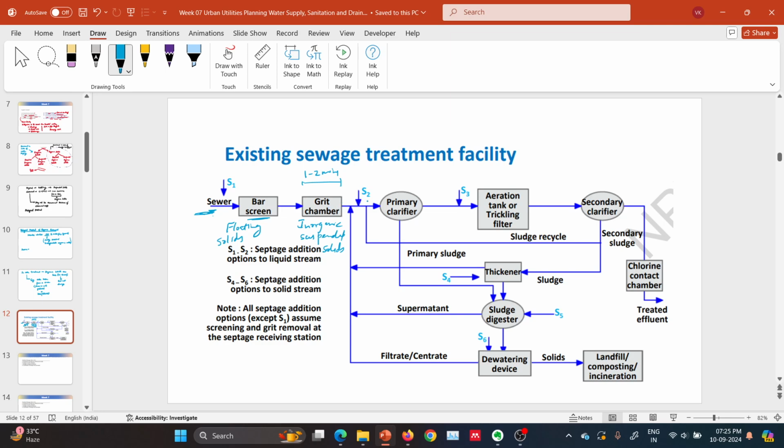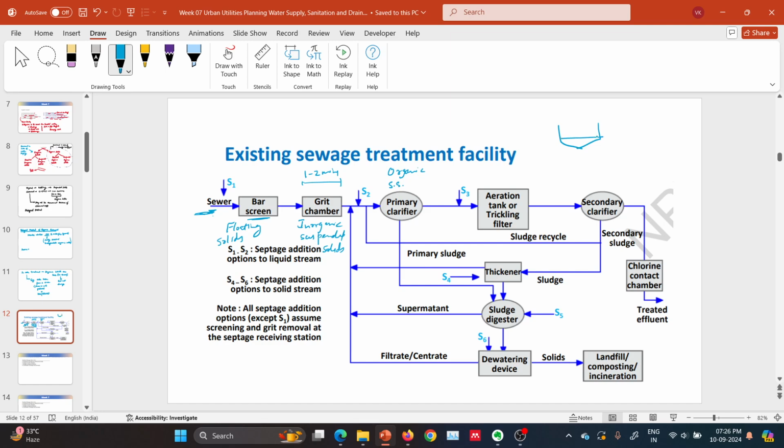After that, the water is passed to the primary clarifier. In the primary clarifier, the organic suspended solids are settled, and this will form sludge at the bottom. Let's take it like this.